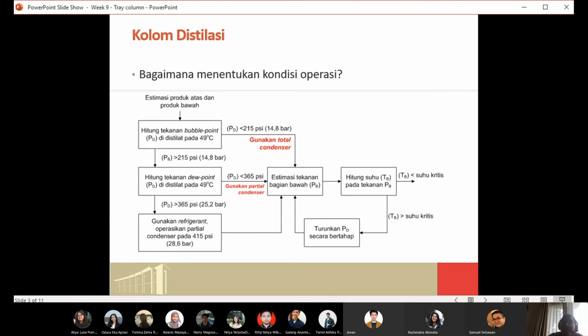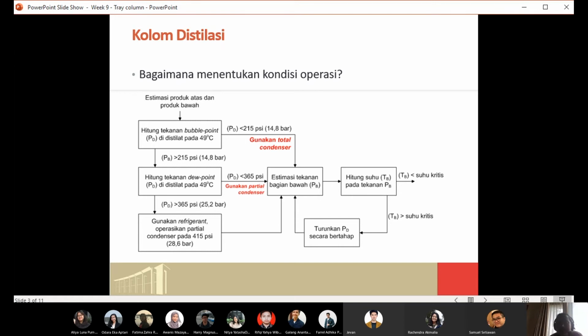The term condensation means that you will deal with the top product. In the condenser, you have to condense all of the vapor coming from the top of the column, goes to the condenser and then you condense that fluid. So in the top of the column, the important parameter is understanding the condition to change the phase from vapor into liquid.